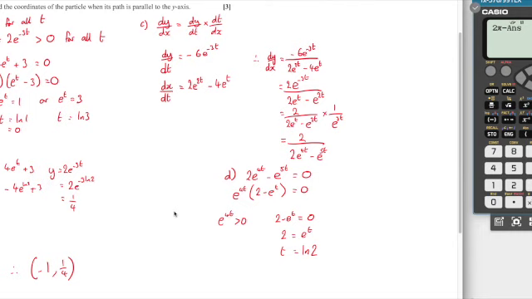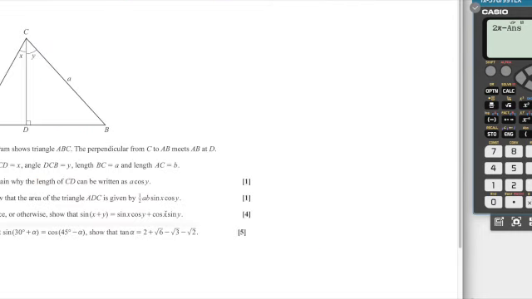So question 10. The diagram shows triangle ABC, perpendicular from C to AB meets AB at D. Explain why the length of CD can be written as A cos Y. Really?